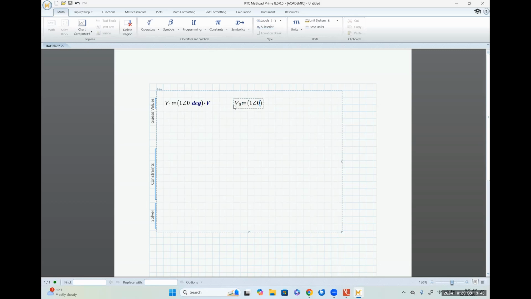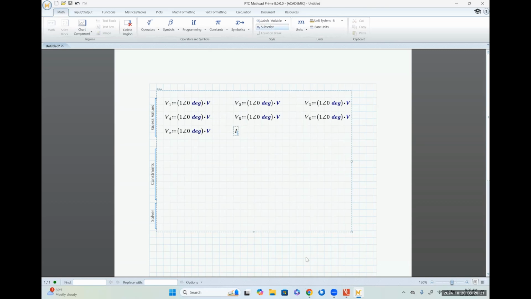So 1 angle 0 degrees volts for V2, 1 angle 0 degrees volts for V3, 1 angle 0 degrees volts for V4, and V5, and V6, and Vx, and for Ix, or excuse me, for Iy, I think, is it Ix or Iy?